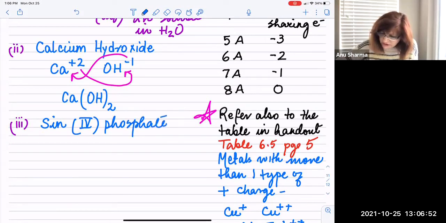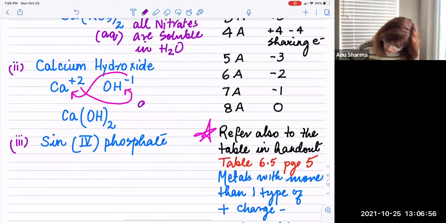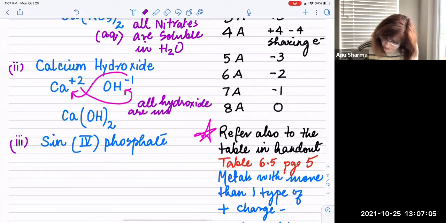Oh, I forgot here. So this one right here, we are doing this calcium hydroxide. So all hydroxides are insoluble. And calcium is not an exception.